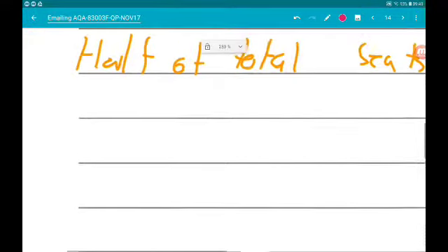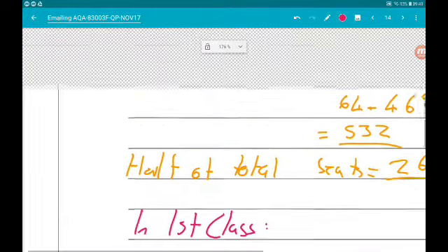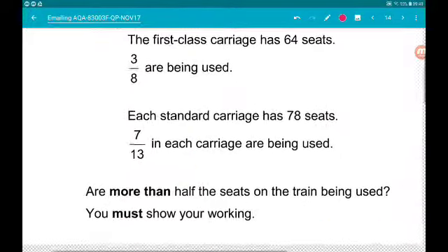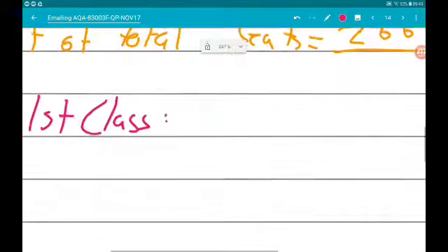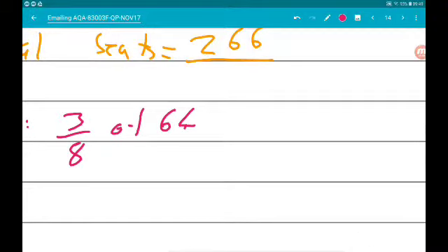So, in first class, three-eighths of 64. Now you can do that on your calculator, put the fraction in, so 3/8.